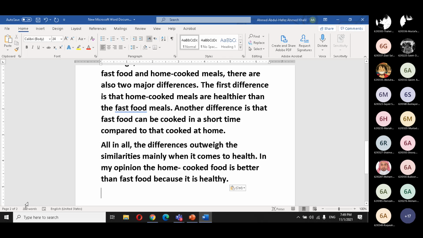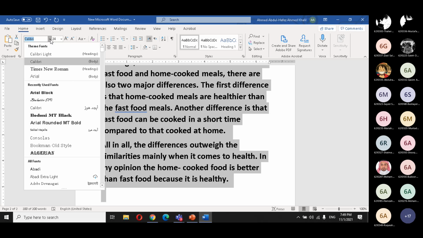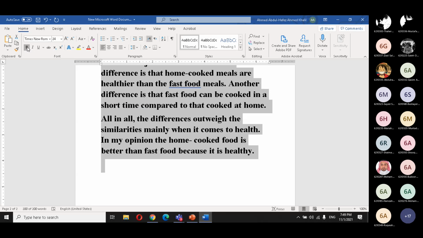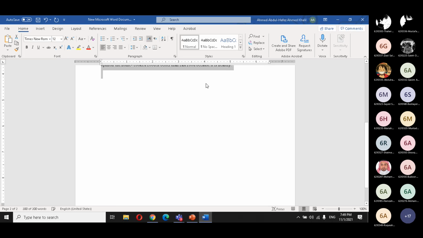This short writing is 200 words. 200 words. But how many words did I ask you to write? 150. So shorter than this. Shorter than this writing. Okay, this writing is already short. But I want you to write only 150 words.